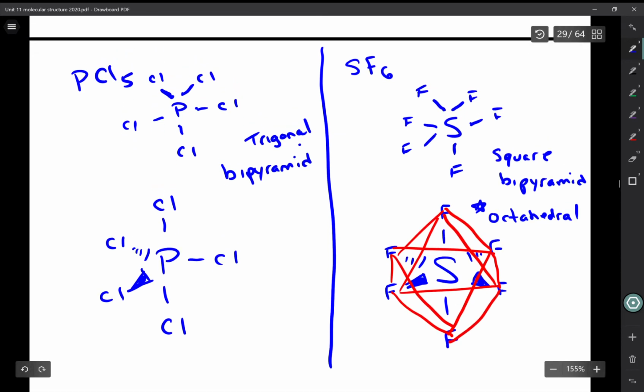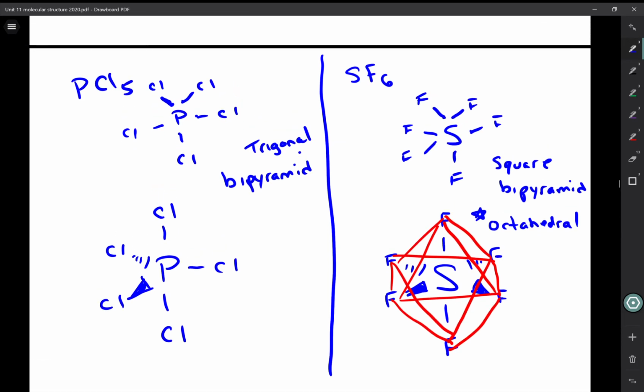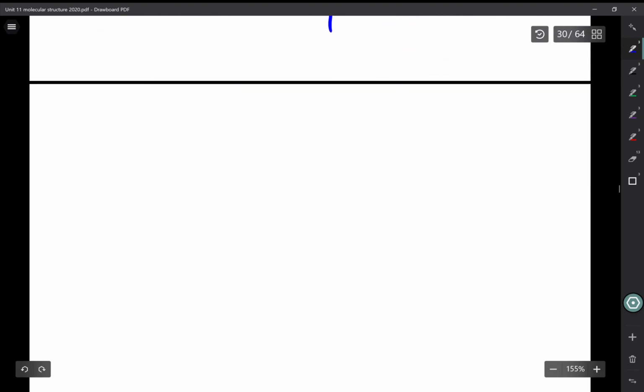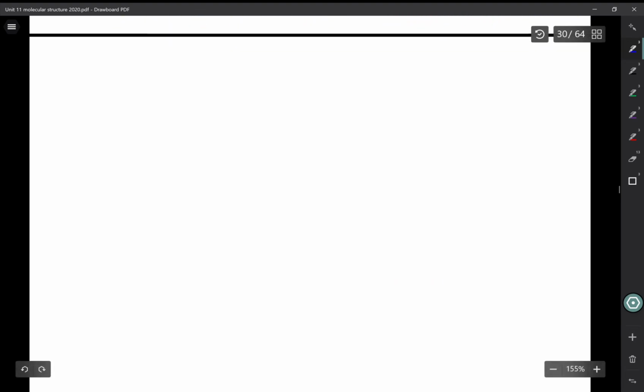And the very last common one we'll do, again, there's a couple others you'll research in your notes. The last one we have is xenon tetrafluoride, XeF4. So we're going to do this Lewis structure. 8 electrons are on xenon.